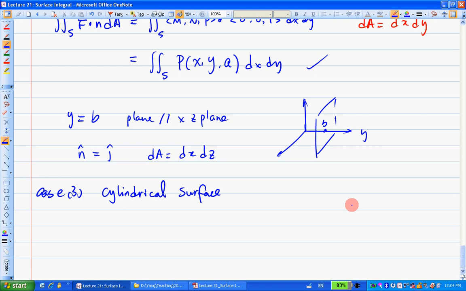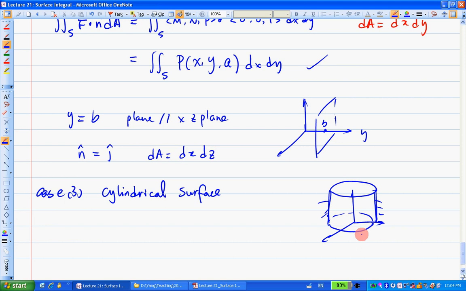Cylindrical surface basically means you have a cylinder sitting here, and your concern is the net flux out of this cylindrical surface. Make sure that right now there is no surface at the top and the bottom yet.